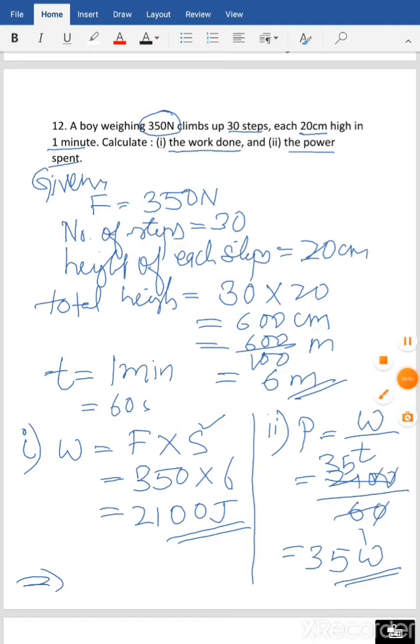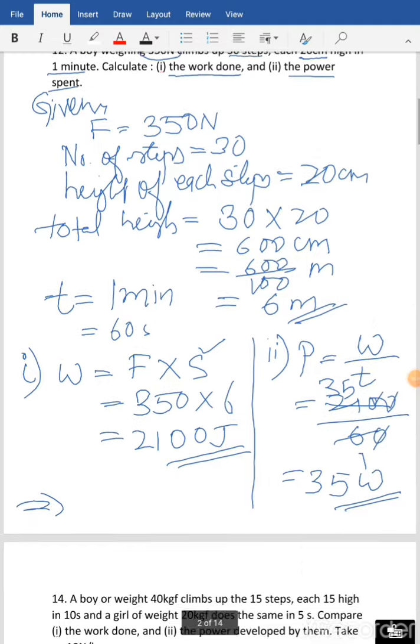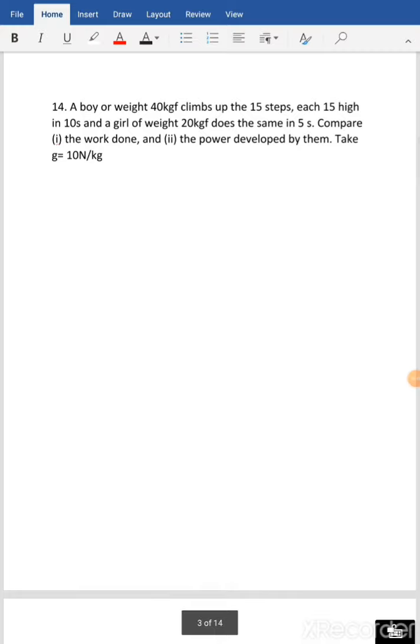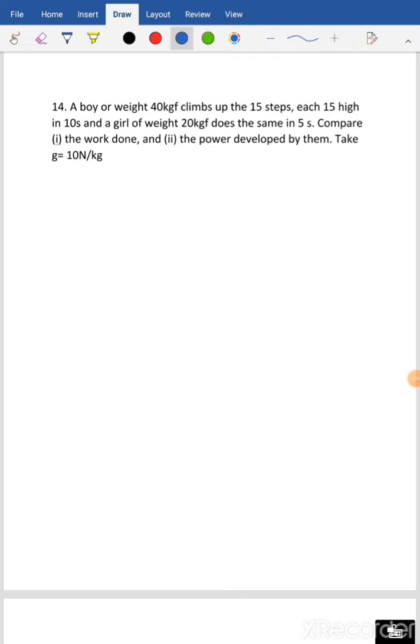Now let's go to the next question for today's session, that is question number 14. It says a boy of weight 40 kilogram force climbs up 15 steps, each 15 centimeter high.